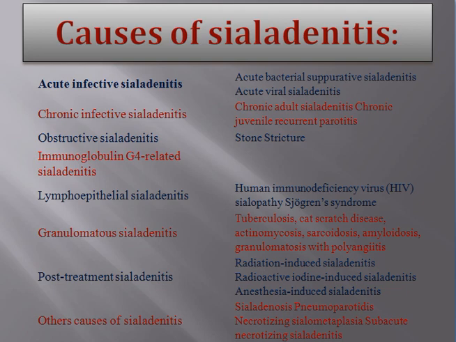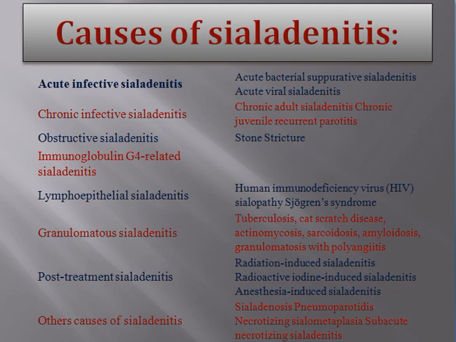On the opposite side of this slide, there is an explanation for each part. For example, granulomatous sialadenitis can be due to tuberculosis, cat scratch disease, actinomycosis, sarcoidosis, amyloidosis, and granulomatosis with polyangiitis.